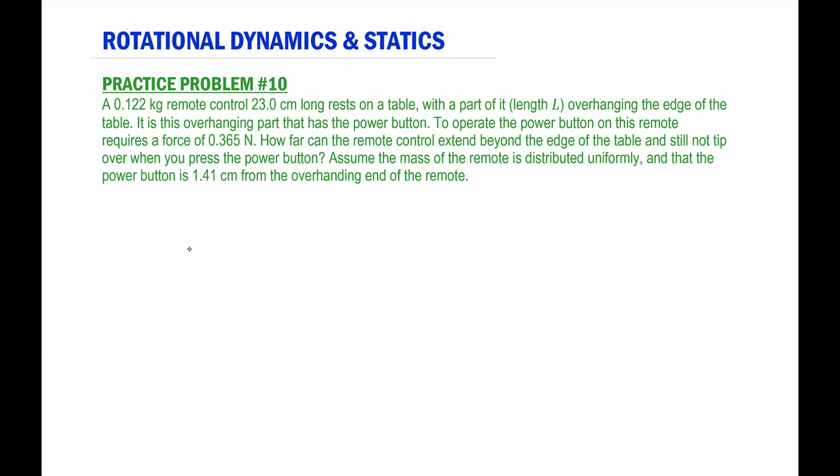Now, for R_B, that's the distance the remote control button is away from the axis. It is simply going to be L minus B. Okay, so now we put all of that together. We have R_R mg sine theta minus R_B F sine theta equals 0.